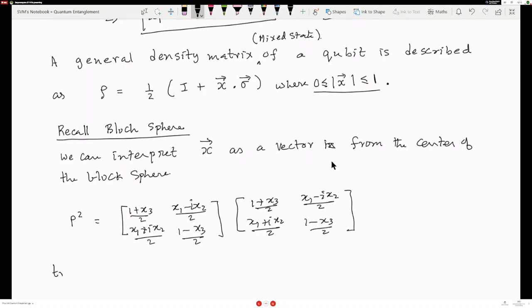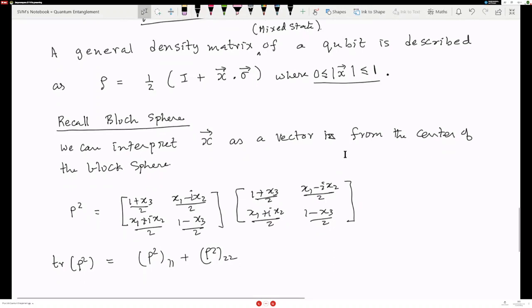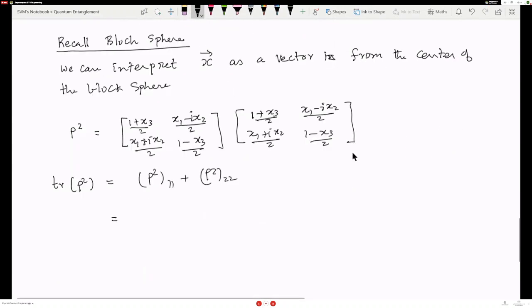Okay, so now I want to ask what is the trace of rho square. It is sufficient if I calculate rho square of 1 1 plus rho square of 2 2. Right. So the 1 1 element is (1 plus x3) the whole square by 4 plus (x1 square plus x2 square) divided by 4.